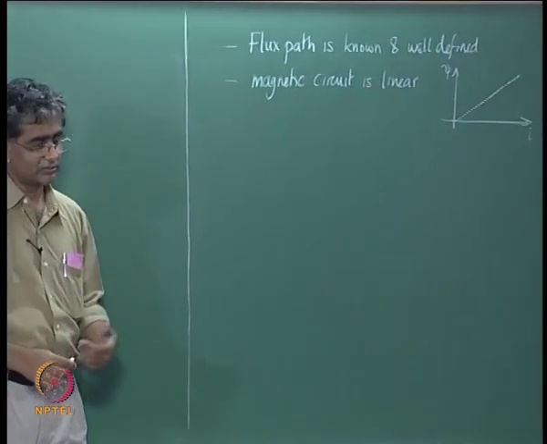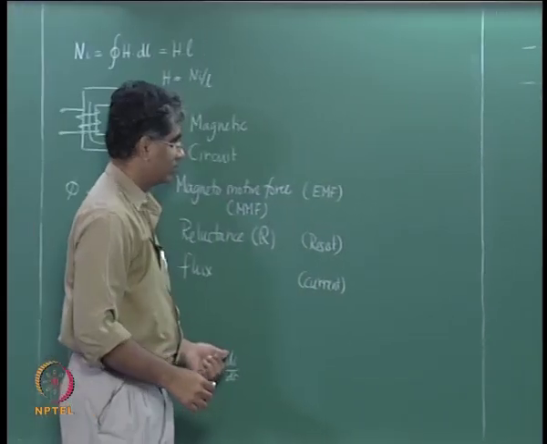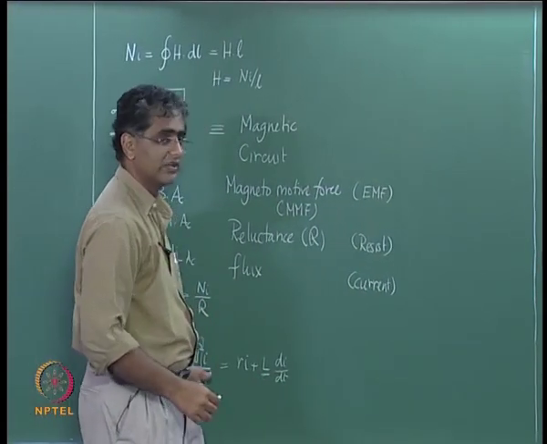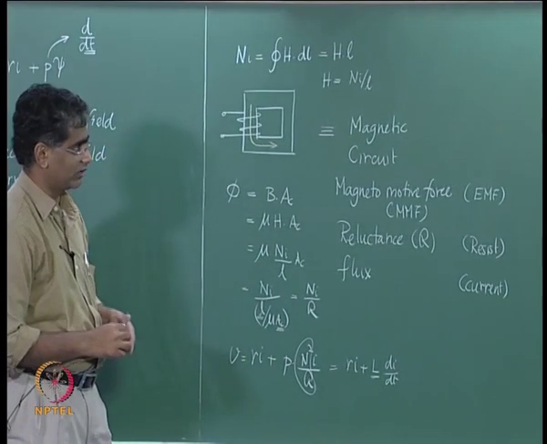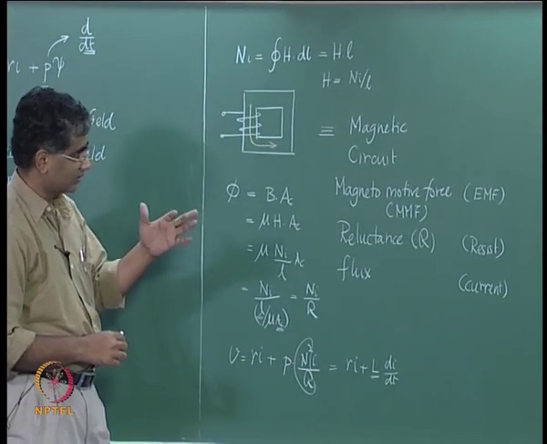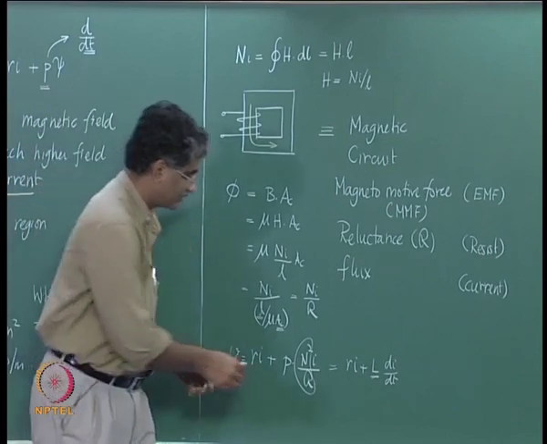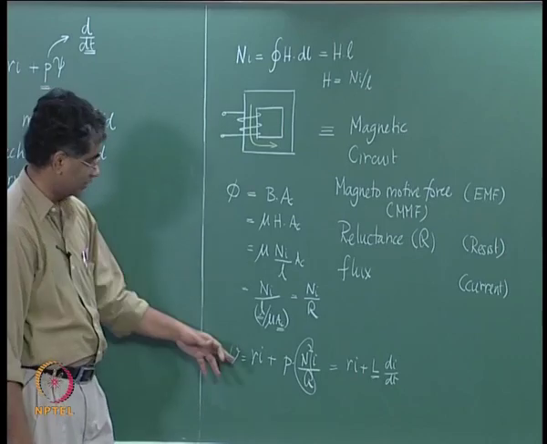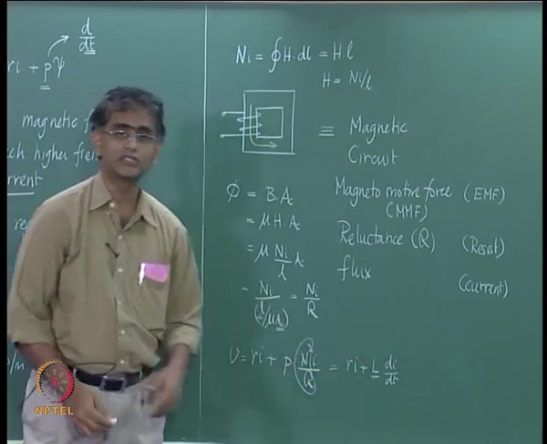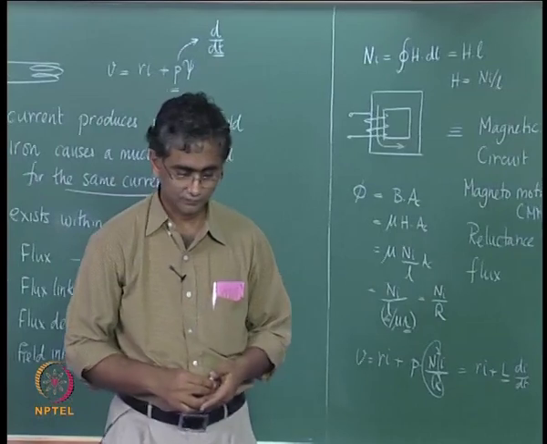This is another assumption that we are making. In other words, R is fixed, it is just a number, it does not change with respect to time or with respect to I. If these two assumptions are made, then we can define something called an inductance for the circuit, and one can write the equation in this form, Ri plus L di by dt.